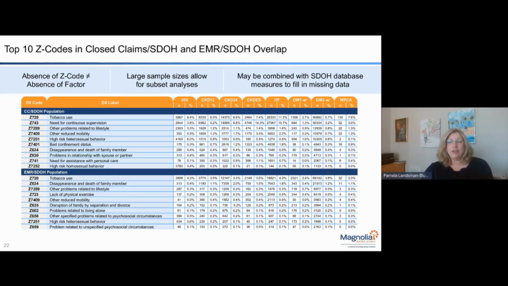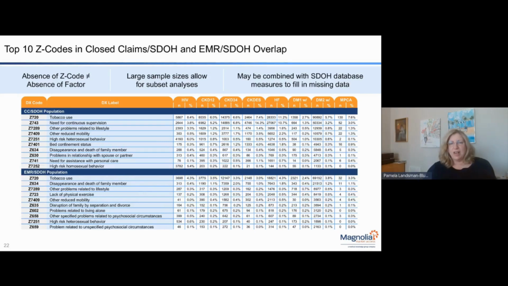You also could combine some of this information with the SDOH data to fill in some of the missing data, such as the information about whether they live alone, and some of the other things around personal care and behaviors.